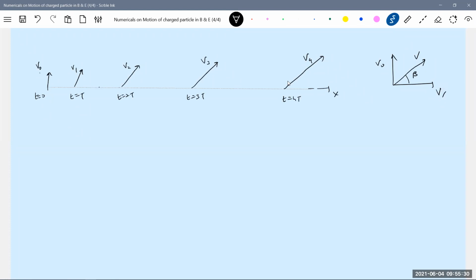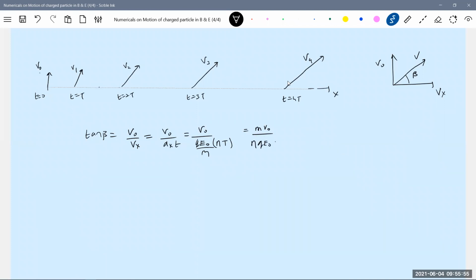So after n revolutions, what is the expression for velocity? We'll write tan beta is equal to v0 by vx. v0 as it is. What is vx equal to? ax into t. ax equal to q e0 by m. What is this t? nT. So this will become mv0 by n q e0.